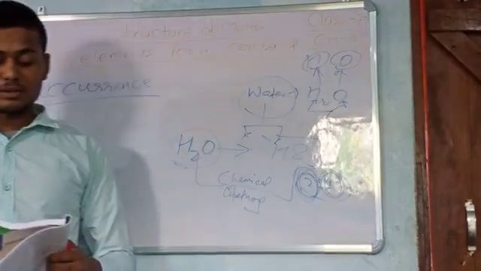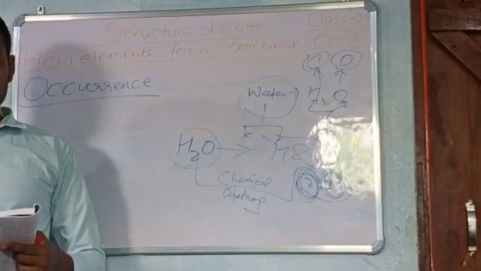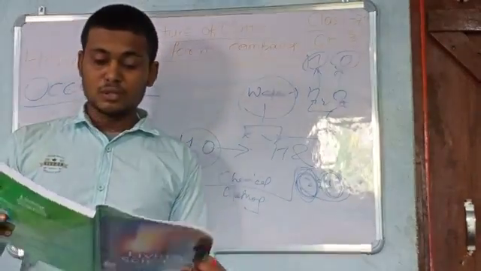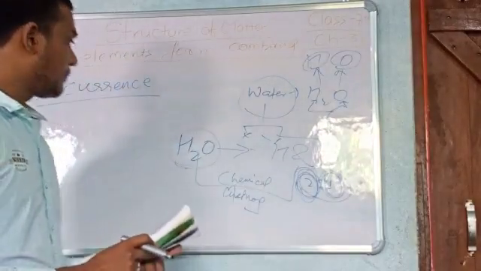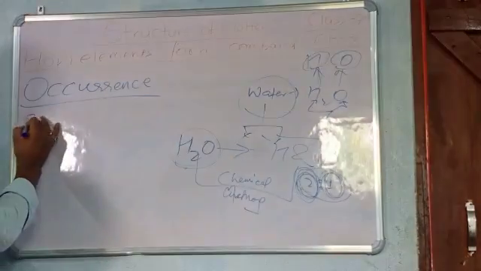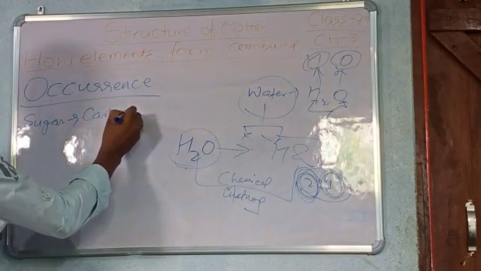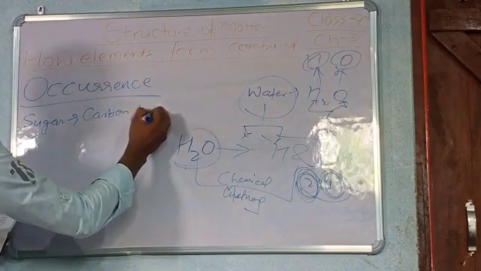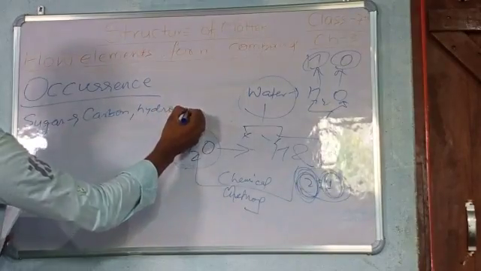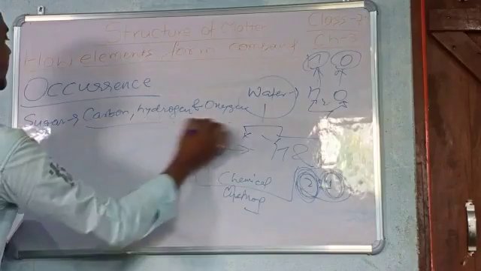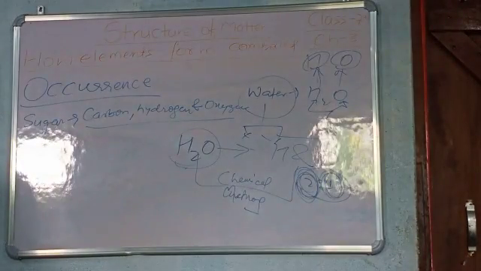Now we talk about sugar. Sugar is a compound which is made up of carbon, hydrogen and oxygen. Sugar is made up of these three pure elements.